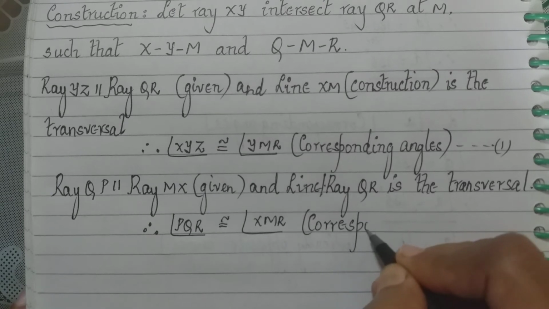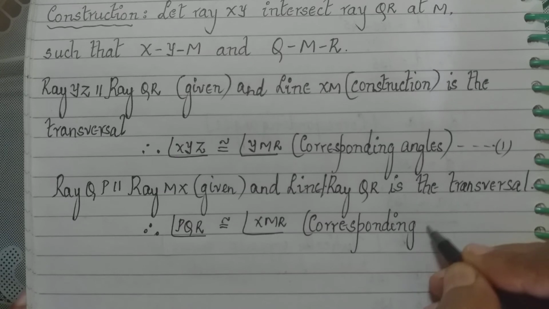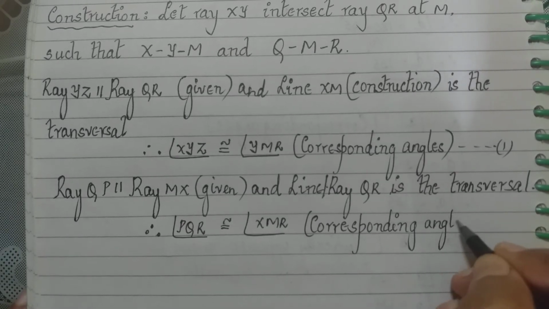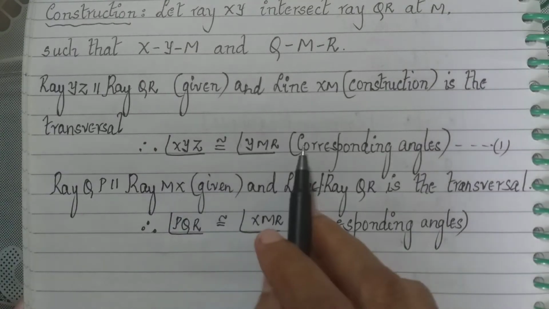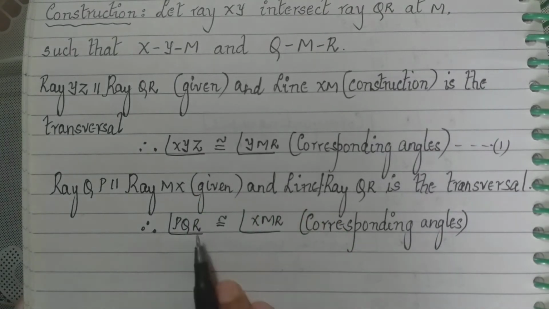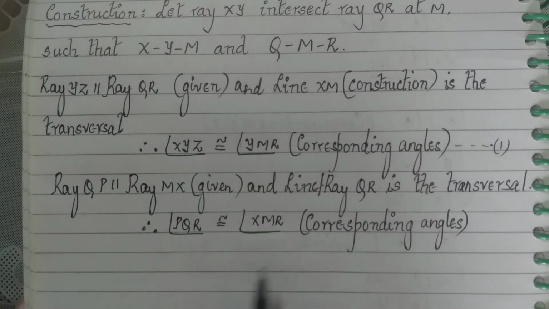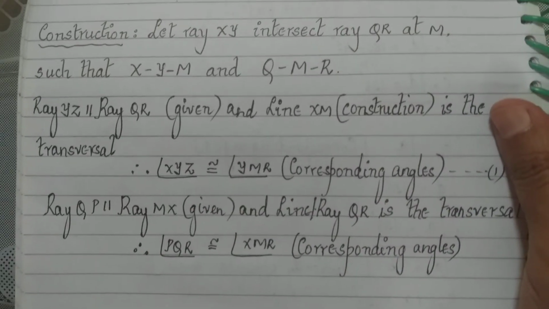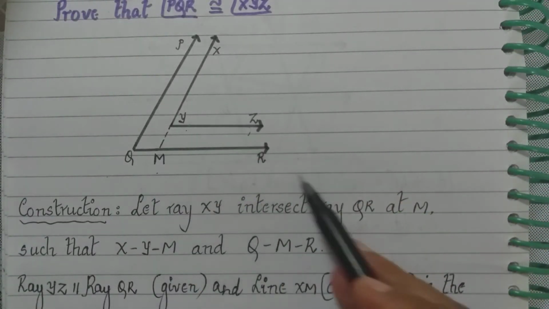Now I want both the statements 1 and 2 to have one angle in common. So let me see whether I can name any of these two angles as one of this angle. I have angle PQR and angle XMR. Now I look back at my figure, angle PQR.